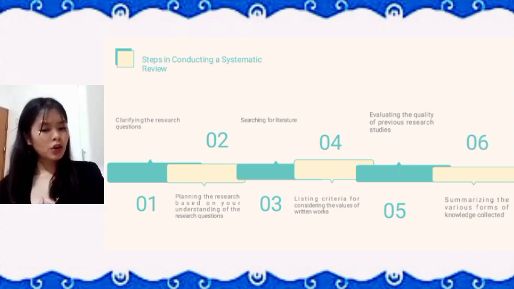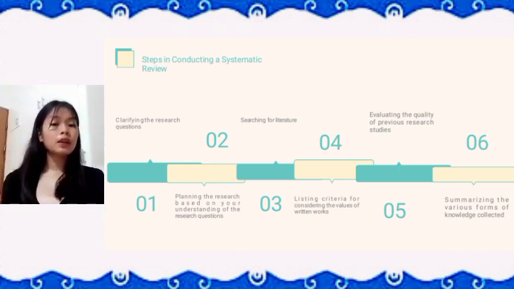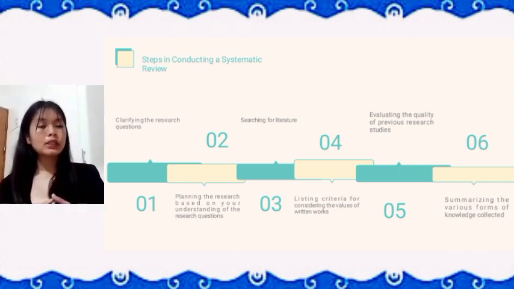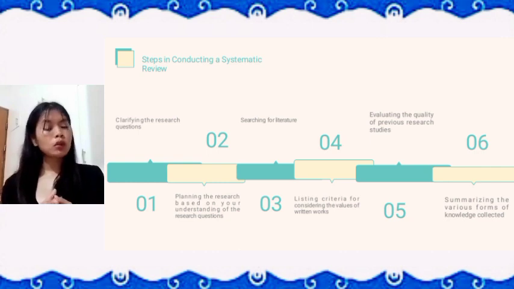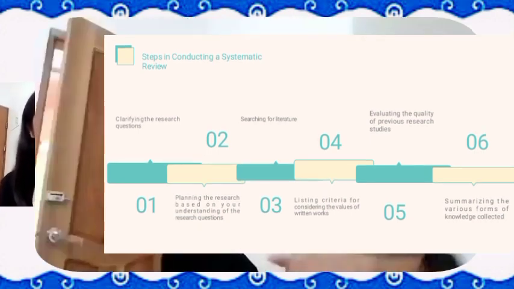The adherence of systematic review to the scientific method makes it the appropriate RRL method for quantitative research, which likewise is a method of looking into the truthfulness of something.